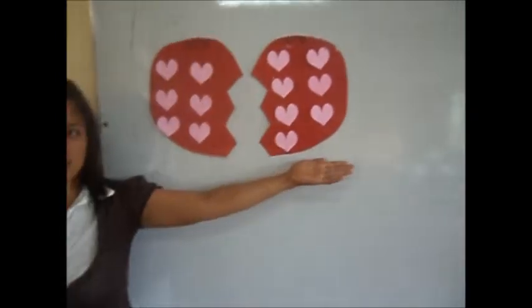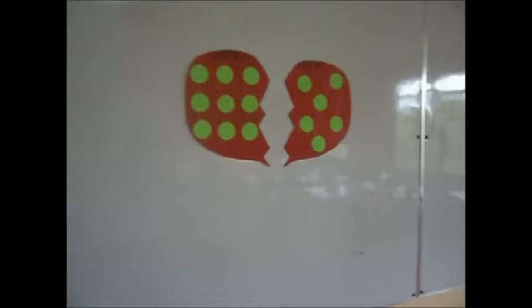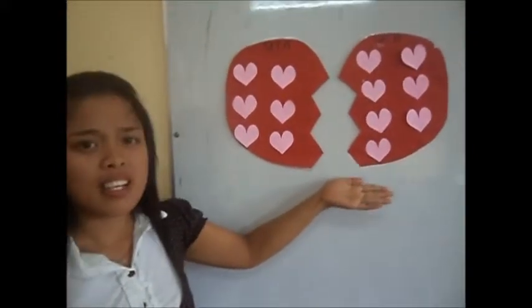Another example. But before we start, I want to share my problem. Can you help me to fix this broken heart? Now, help me to fix this broken heart. But before we start, what did you observe in this heart?